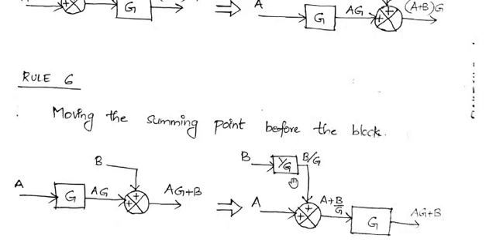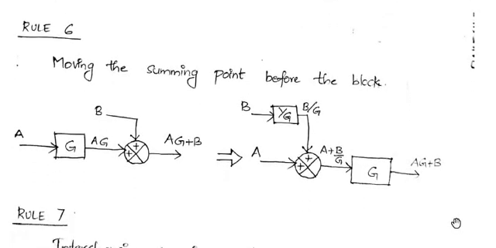So here we have to add a block with the gain 1 by G, then only we will get the actual output AG plus B. So that is rule number 6.